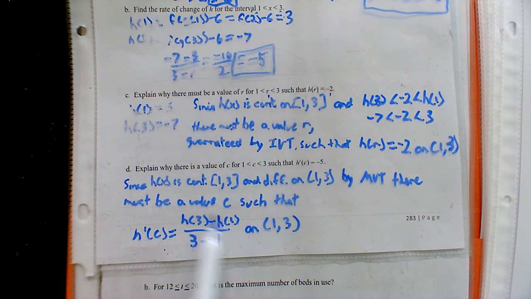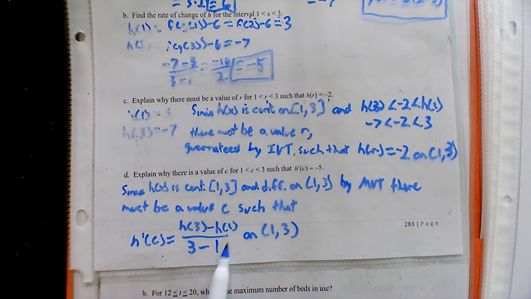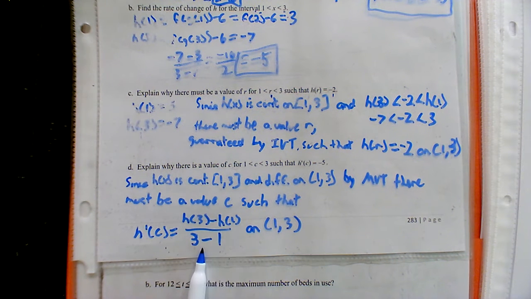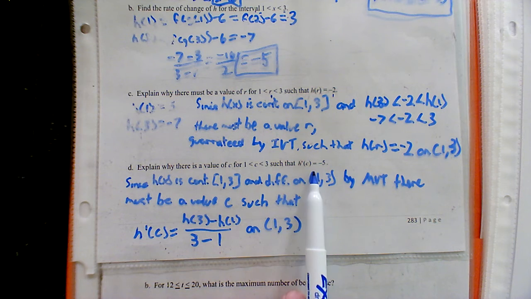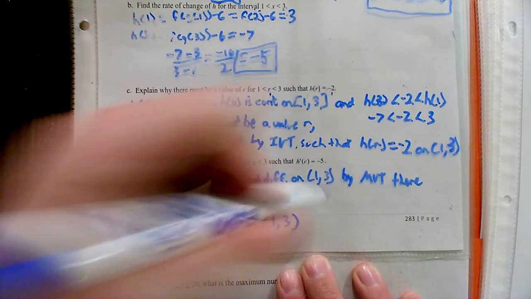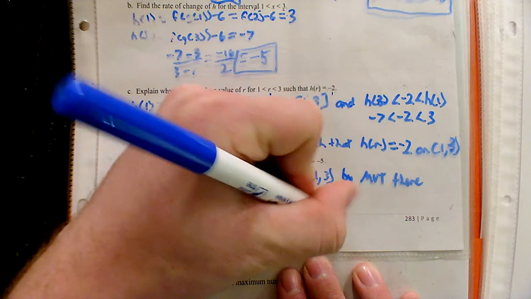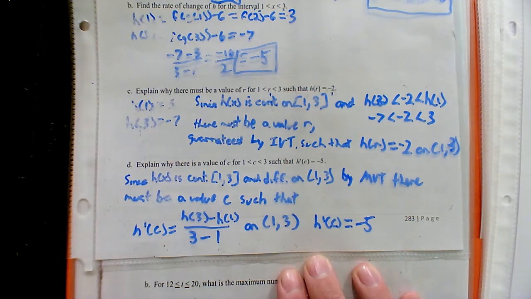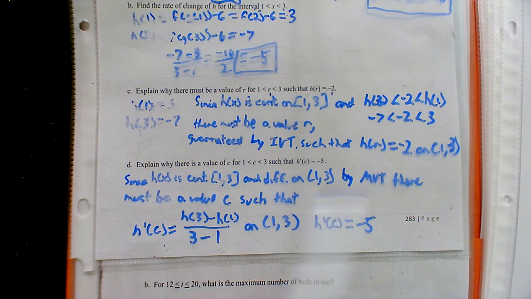So when we calculate this part over here, what does this equal? -5. Is that what we want h prime of c to equal? Yeah. So h prime of c equals -5. And the explanation is because of the mean value theorem: continuous, differentiable, so there had to be some value there.